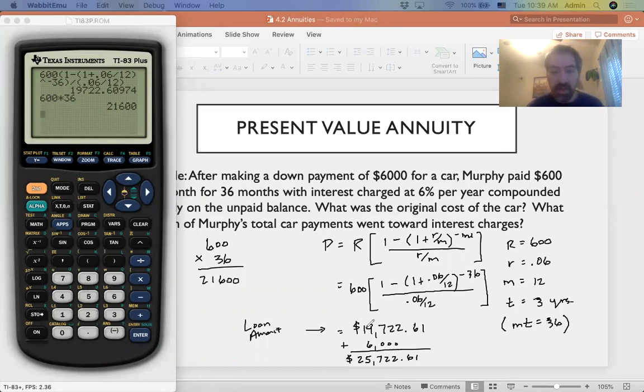But the loan amount was only $19,722.61. If we subtract out the loan amount, the balance will tell us how much he paid in interest. So the total amount of payments minus the loan amount will equal the interest charges.